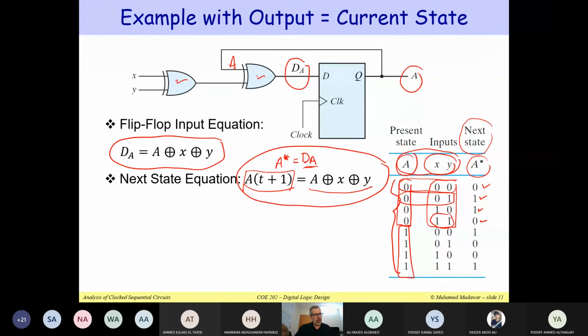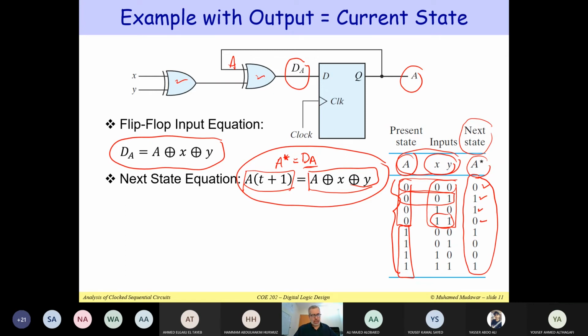When you XOR 1 with 1, you get 0. And so on. So basically, this column here is nothing but this equation. So we're evaluating this equation, and this is my next state. So we have the state table. That actually was really easy to obtain. Now I really need to draw the state diagram.